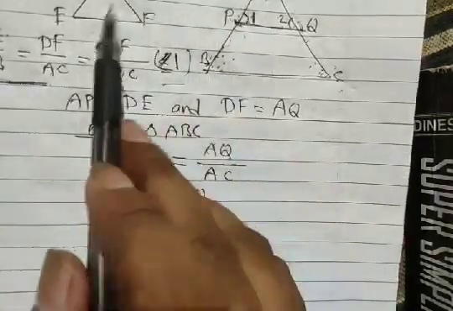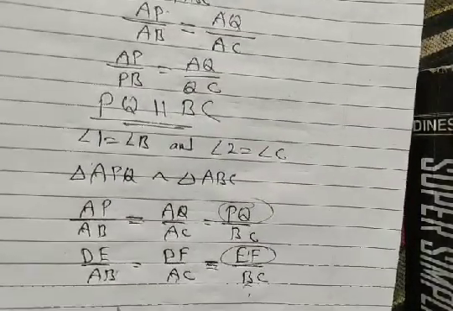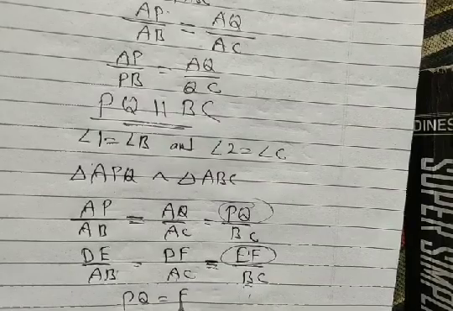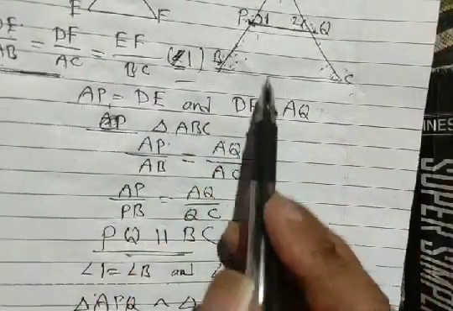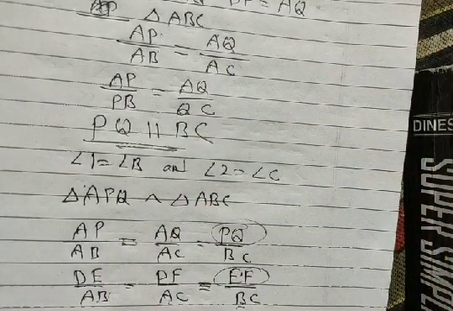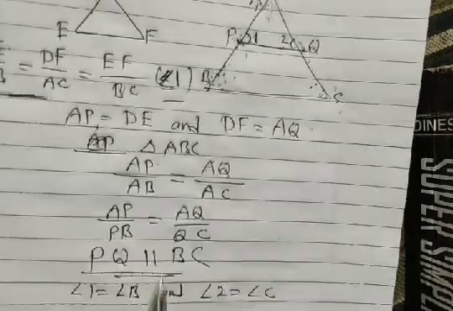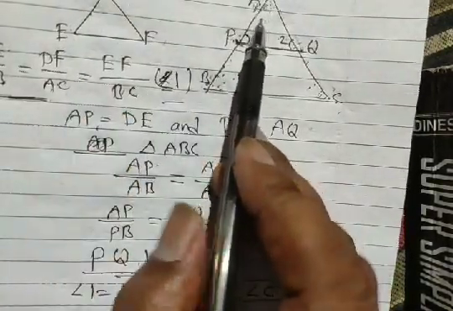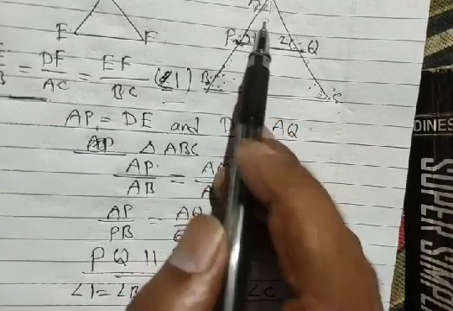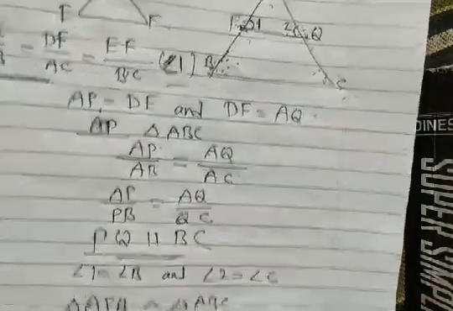When our PQ is equal to EF, we get the whole triangle DEF congruent to our APQ. How do we show that?